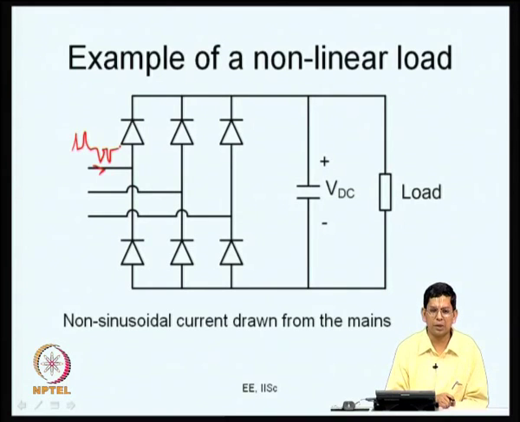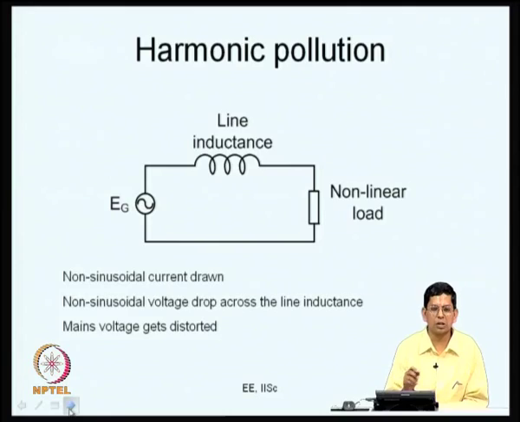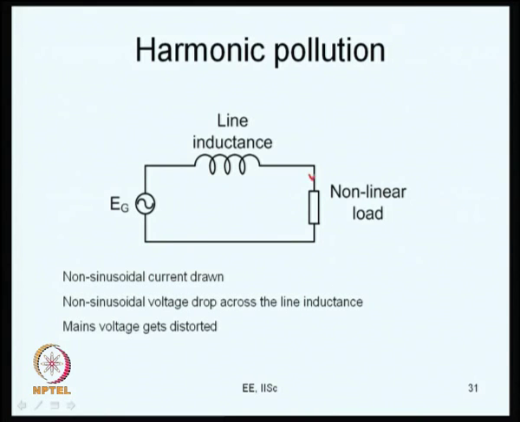So, most computers typically are non-linear loads, and if you have a facility with a lot of computers connected, you will see that the mains voltage itself is distorted. The problem here is what is called harmonic pollution, which we will discuss again in our next class. Because of the non-sinusoidal current drawn by the non-linear load, the non-sinusoidal current also flows through the line inductance. This is the model, this is your grid voltage. The grid can be modeled as a series voltage source and an inductance.